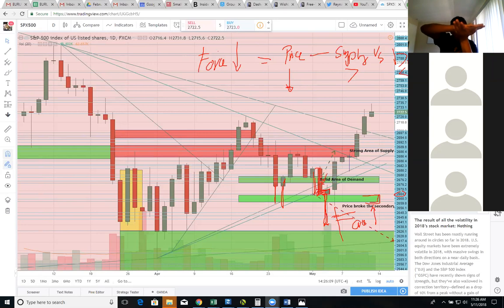See, there's force pushing up, force pushing down. So when there are two equal forces, at one point, something or somebody has to give up. In this particular case, the resistance. That's why it's called support and resistance.